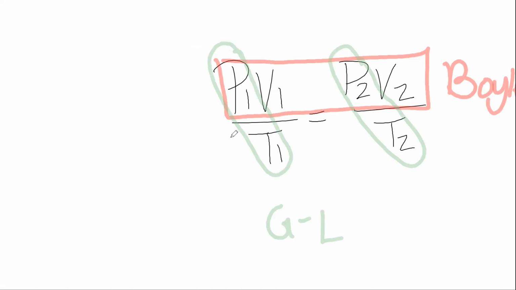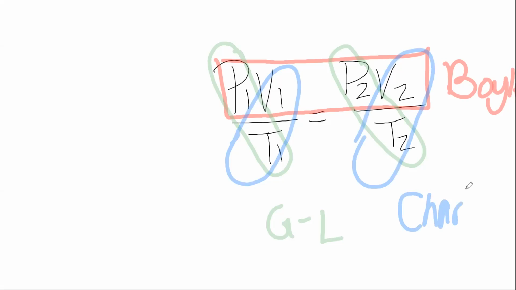If you go V1 over T1 is equal to V2 over T2, that's Charles. So right there, you have all three gas laws plus the combined gas law. The only one you don't is Dalton's. So like I said, if you can memorize this one and know how to break it apart like that, you have all the gas laws except Dalton's right there. Kind of interesting.